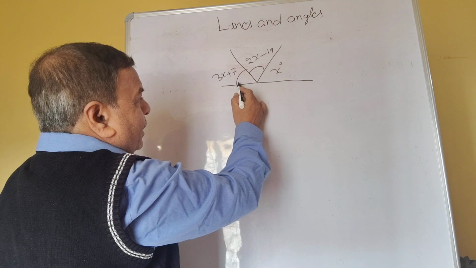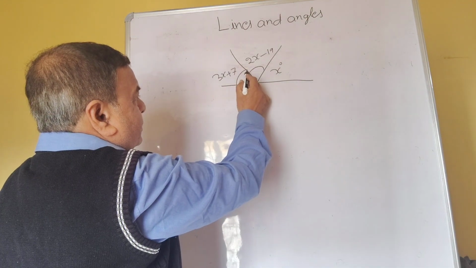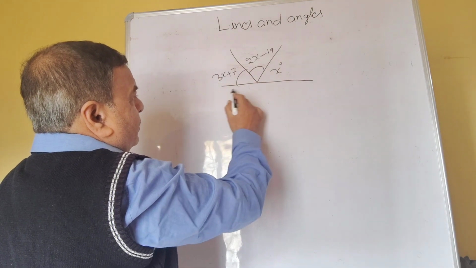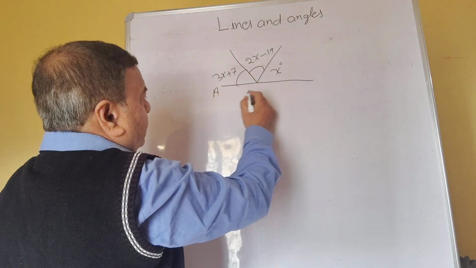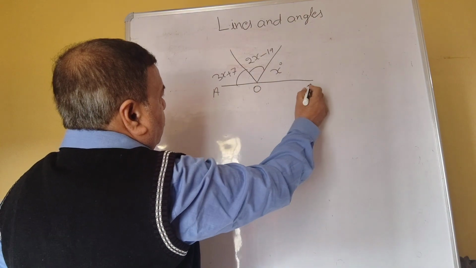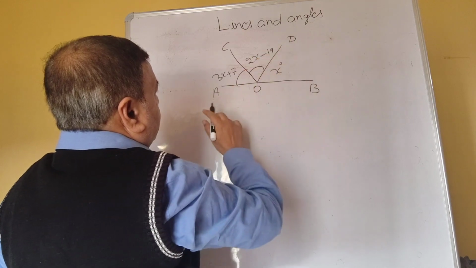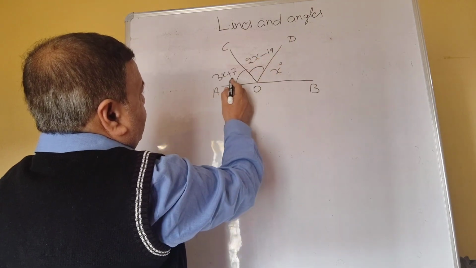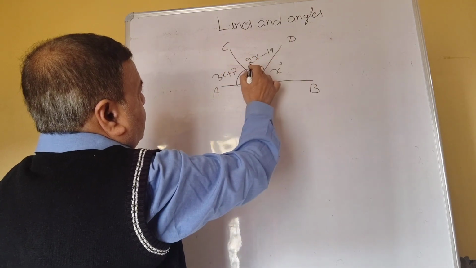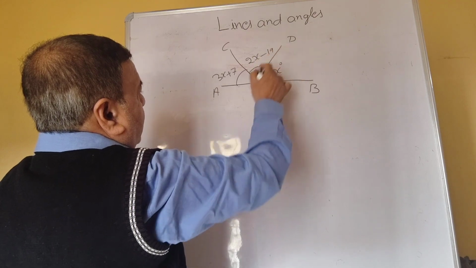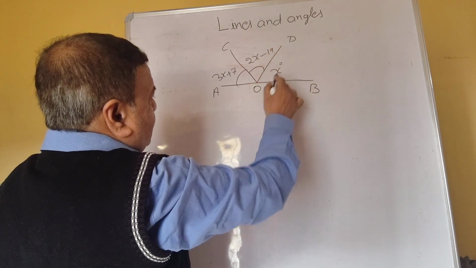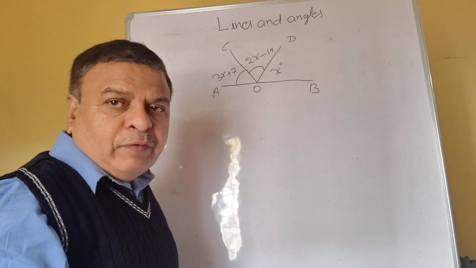Three angles are there. Let me put some names here: A, O, B. Then this is C, this is D. So AOC is 3x plus 7, COD is 2x minus 19, and DOB is x. So we need to find the value of x.